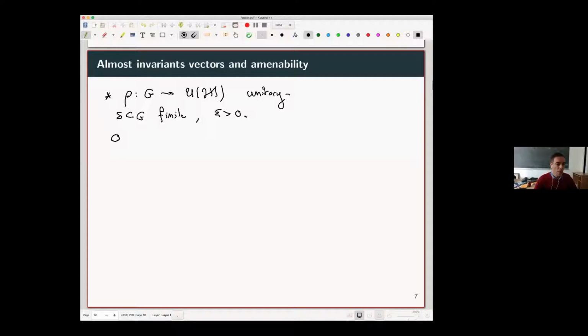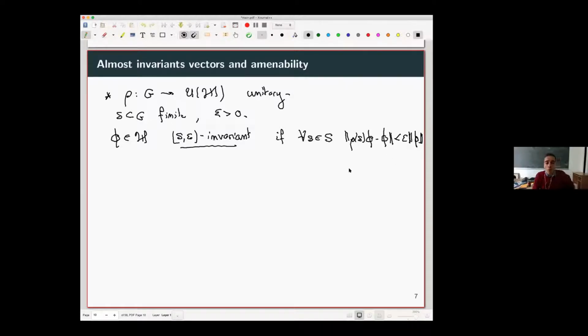I will say that a vector phi in H is called S epsilon invariant if for every element s in that set, the norm of rho of s phi minus phi is strictly smaller than epsilon times the norm of phi.